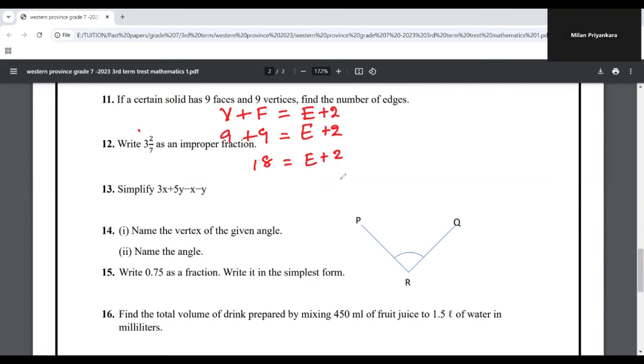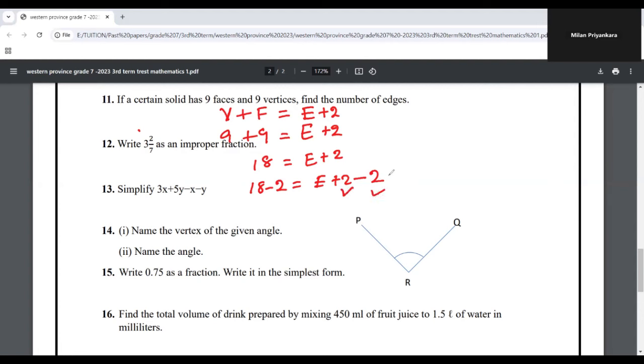Now you can use the equation because you have 2 here; you have to subtract 2 from both sides. Then you have E plus 2, you have to isolate E, so you write minus 2 here and minus 2 here also in order to eliminate this 2, right?